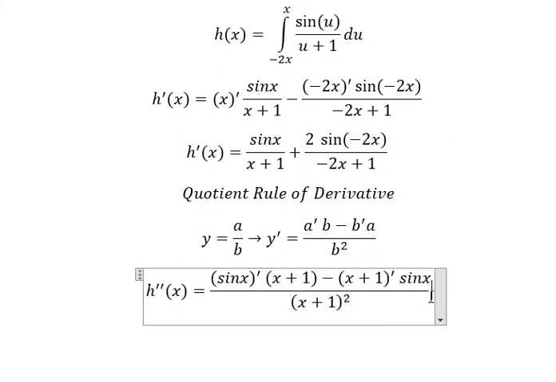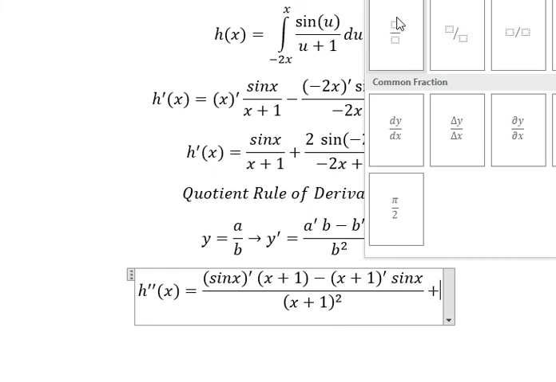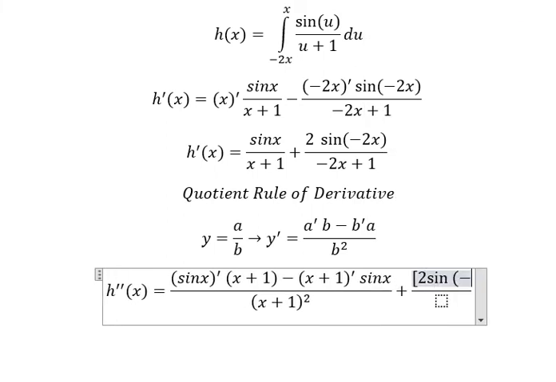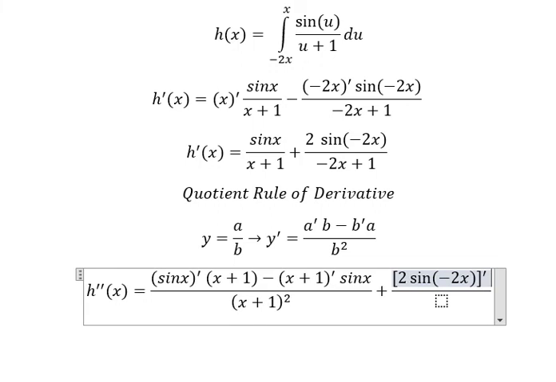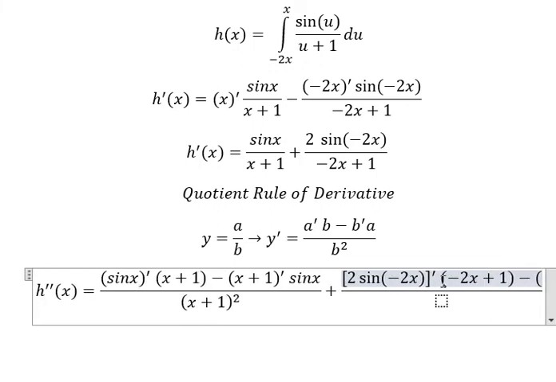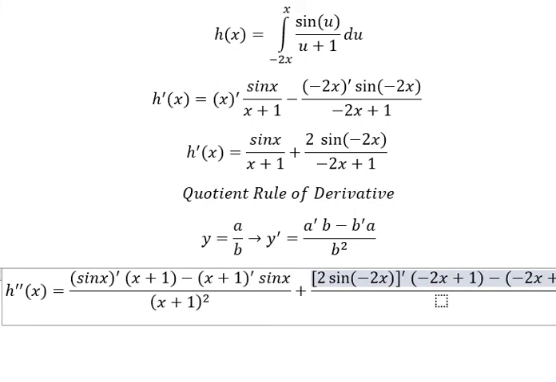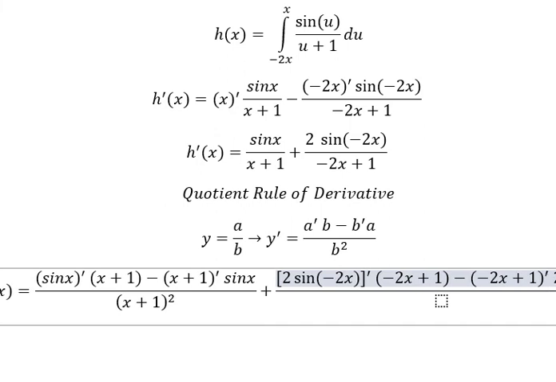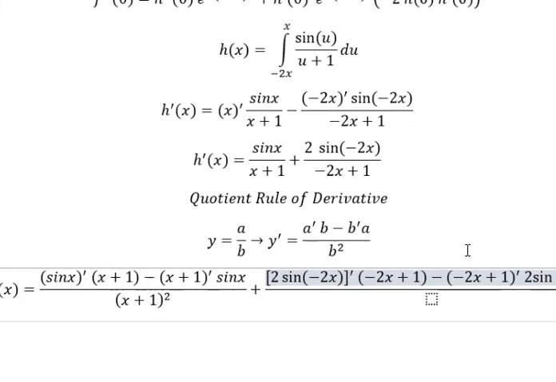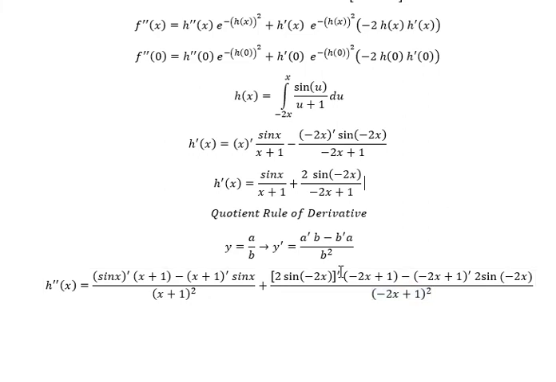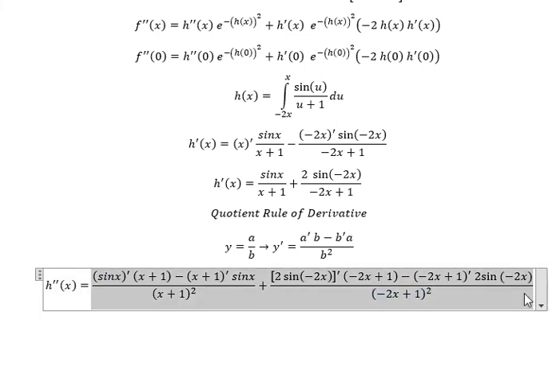Now we do similar for the second one. So we take the first derivative of 2 sine of negative 2s multiplied by negative 2s plus 1 minus, we take the first derivative of negative 2s plus 1 multiplied by 2 sine of negative 2s over negative 2s plus 1 to the power of 2. Now we need to simplify.